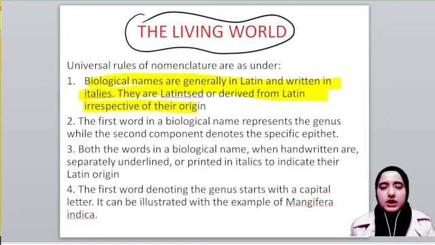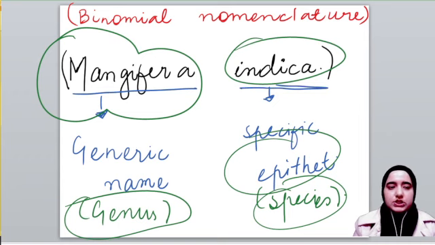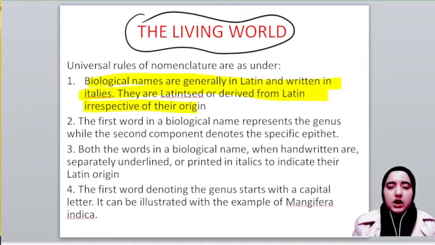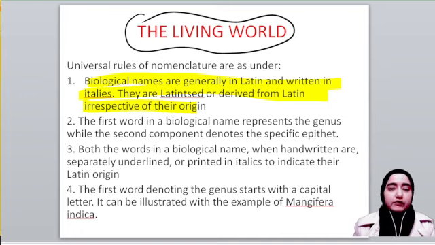When we write both words of the biological name by hand, we underline them separately, not together. The genus name is underlined separately and the species is underlined separately. This is for when we write names in a notebook, handwritten. And when we print the names, we print them in italics.